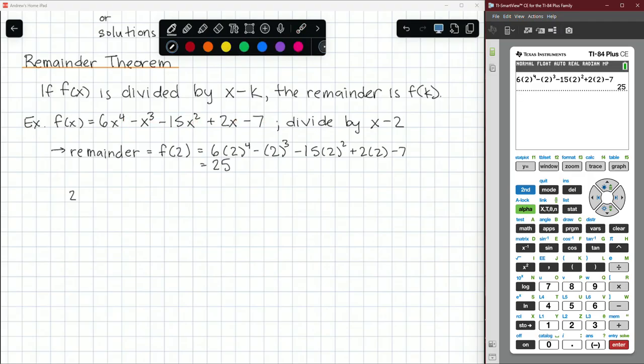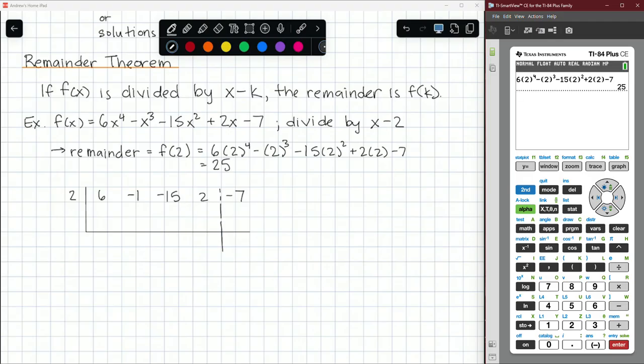So I'm just going to write those coefficients: 6, -1, -15, 2, -7. And I know it's always that last section that gives me the remainder. So my remainder should show up here.